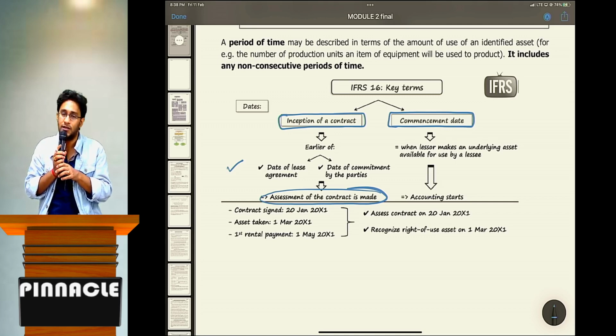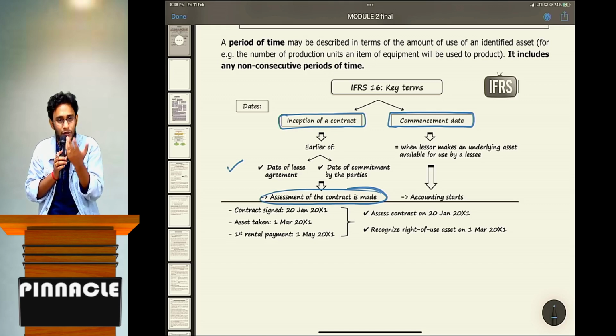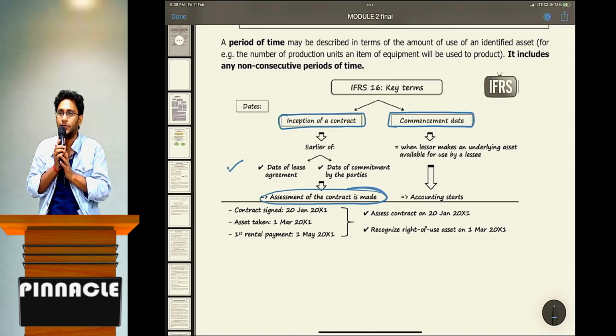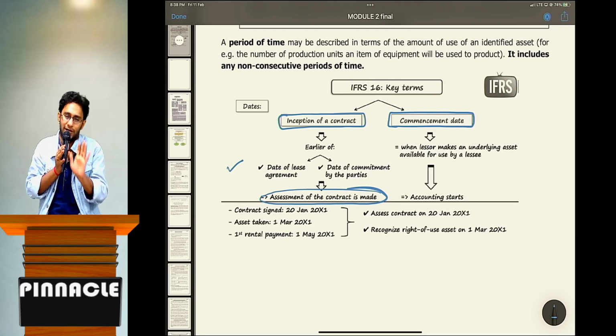Like that. Sometimes the agreement is done today, but you are not able to give the asset today to me. Sir, why, sir? You don't have the asset. Without the asset, how can you enter, sir? Sir, I am not doing accounting today, must understand. Inception date is not relevant for accounting. So whether the asset is there or not, who cares, sir? Anyway, I am not going to do accounting, no. So today is only an agreement date.